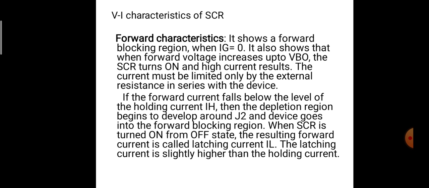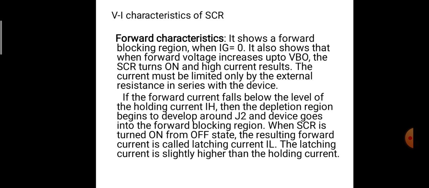The current must be limited only by the external resistance in series with the device. If the forward current falls below the level of holding current IH, the depletion region begins to develop around J2 and the device goes into the forward blocking region.